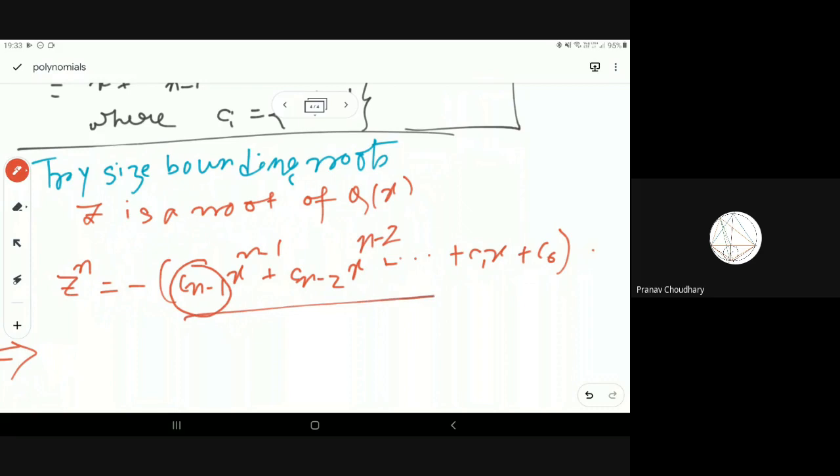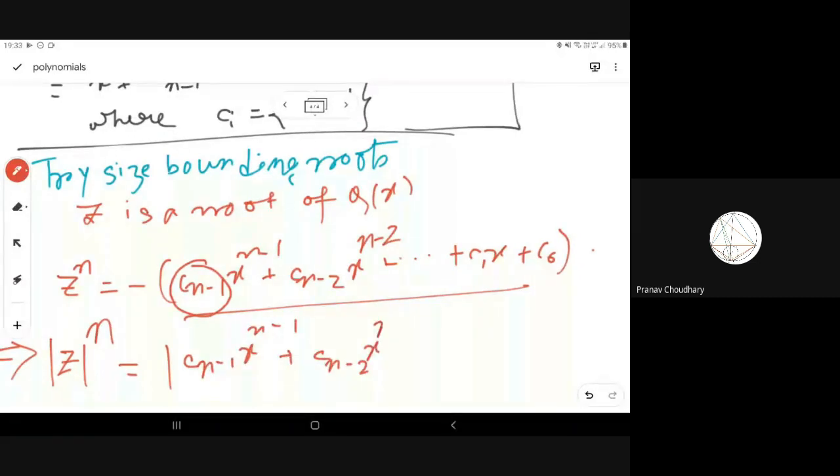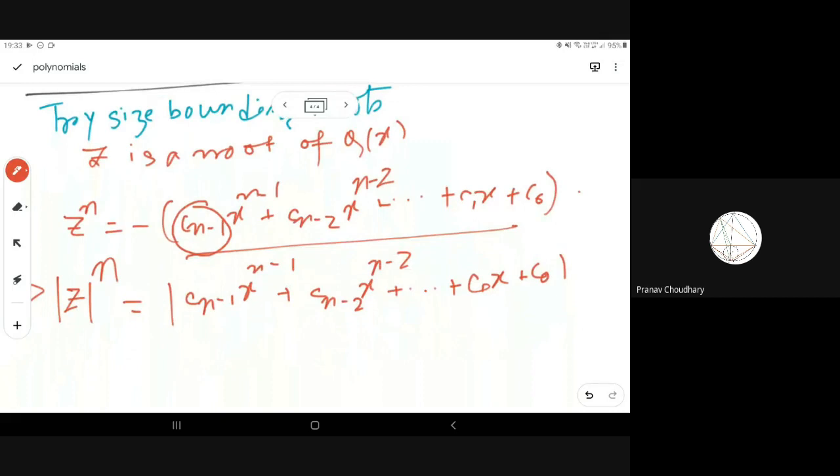This is a sum of a lot of terms, so you can use the triangle inequality on it, which makes the expression easier to handle. Taking the mod, it becomes mod z to the n equals mod of c_{n-1} z to the n minus 1 plus c_{n-2} z to the n minus 2 plus, up till, c_1 z plus c_0.